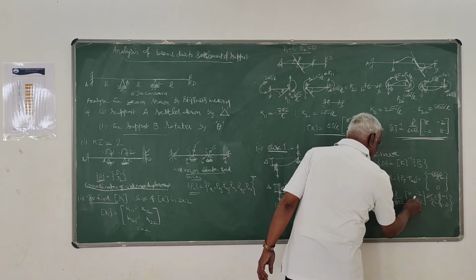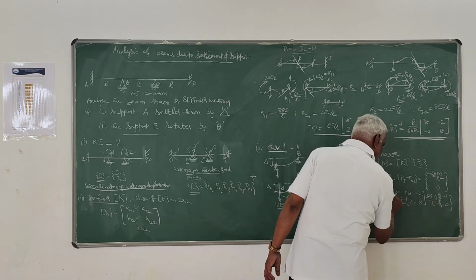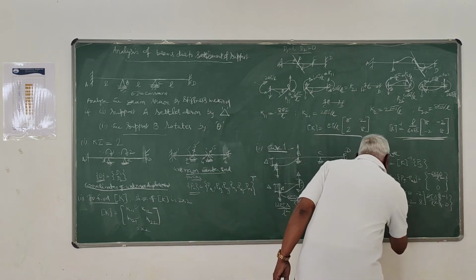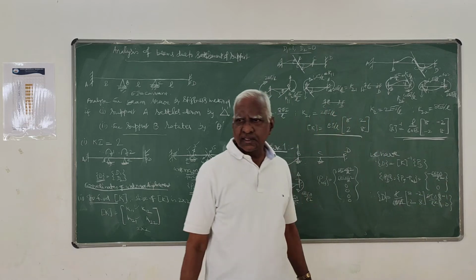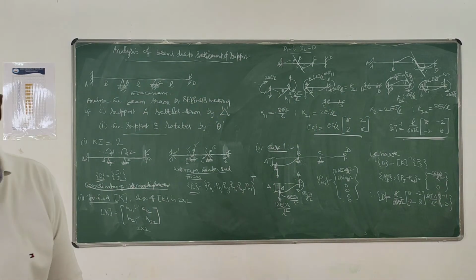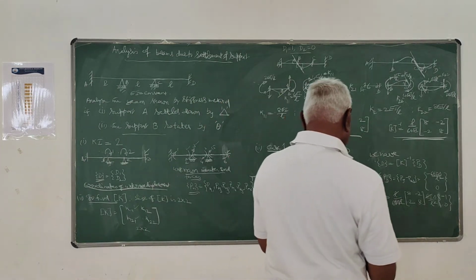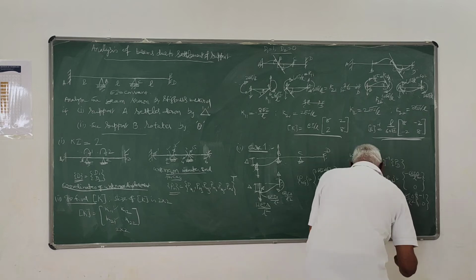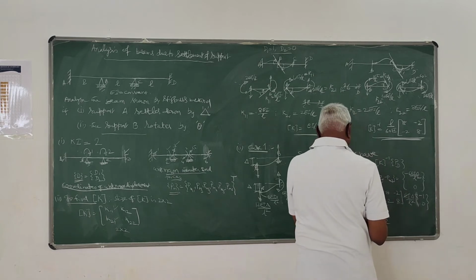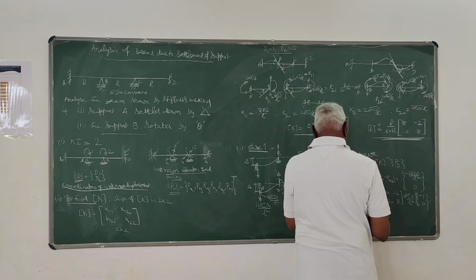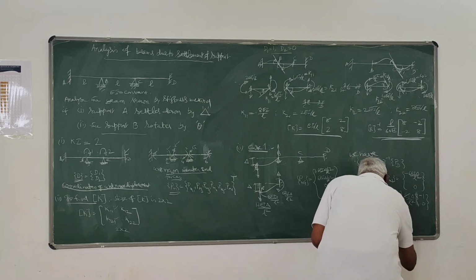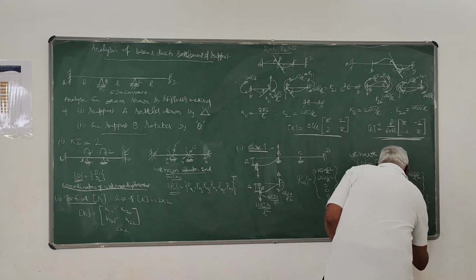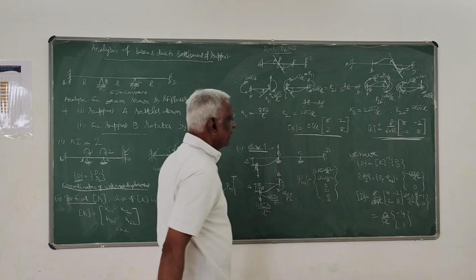So this L get cancelled, L 1 will get cancelled. So you have this D is equal to this much. Straight away I will write that value of D. D you are getting as delta by L into delta by 15 L into this is minus 4 and 1. This is what the displacement we are getting.